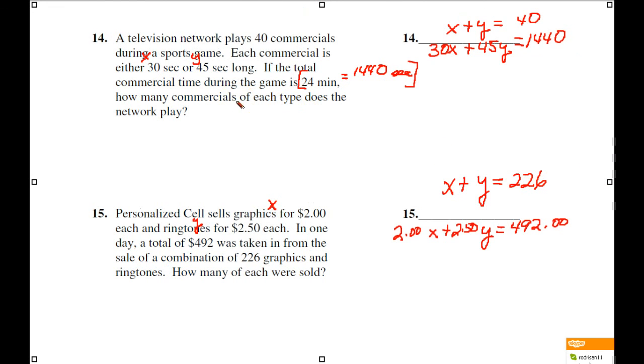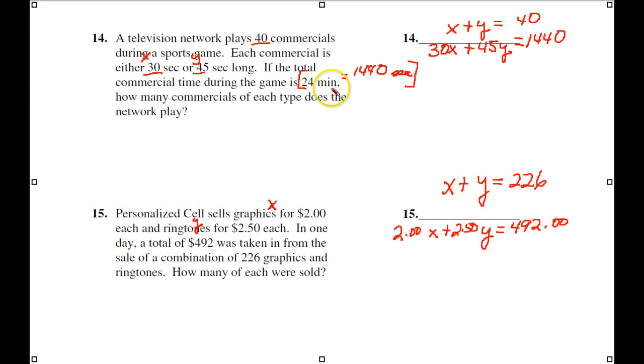Hopefully you're starting to pick up on what's going on here. Here we have a television network that plays 40 commercials of two different kinds of spots, 30-second and 45-second spots. So we'll designate the X for 30, the Y for 45, so that X plus Y equals 40. Now here they're saying you have, during a game, 24 minutes for commercials.